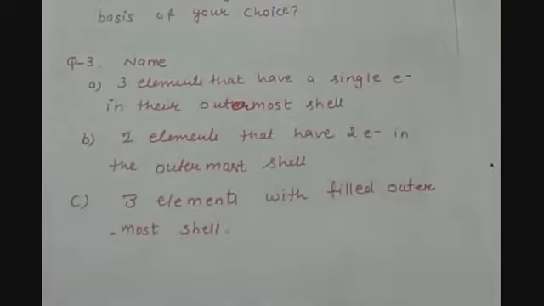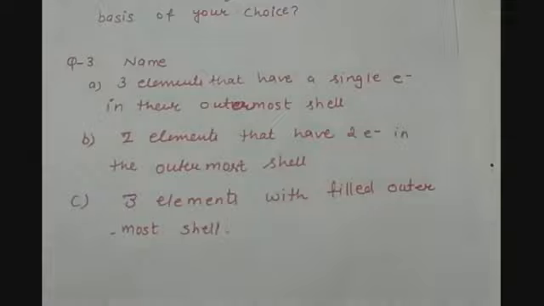Question number 3 was A. 3 elements that have a single electron in the outermost shell. Single electron in the outermost shell can be in group 1 only. So any 3 elements from group 1 we can take. B. 2 elements that have 2 electrons in the outermost shell. That means any member from group 2 we can take.